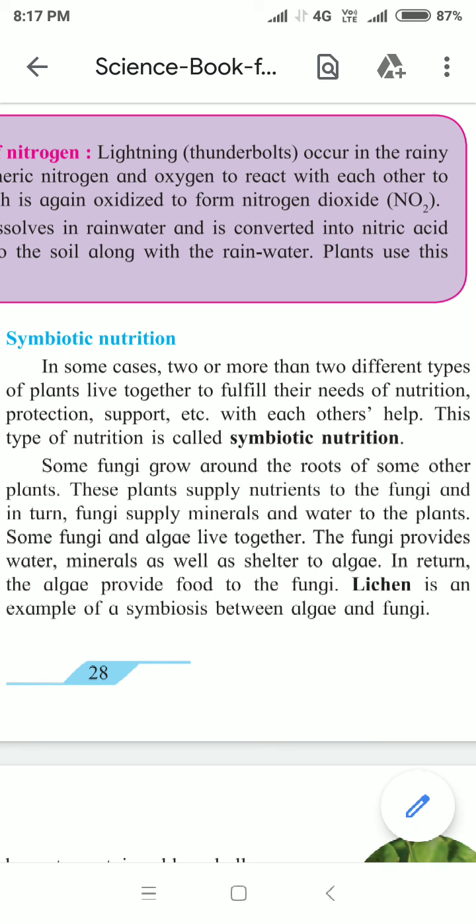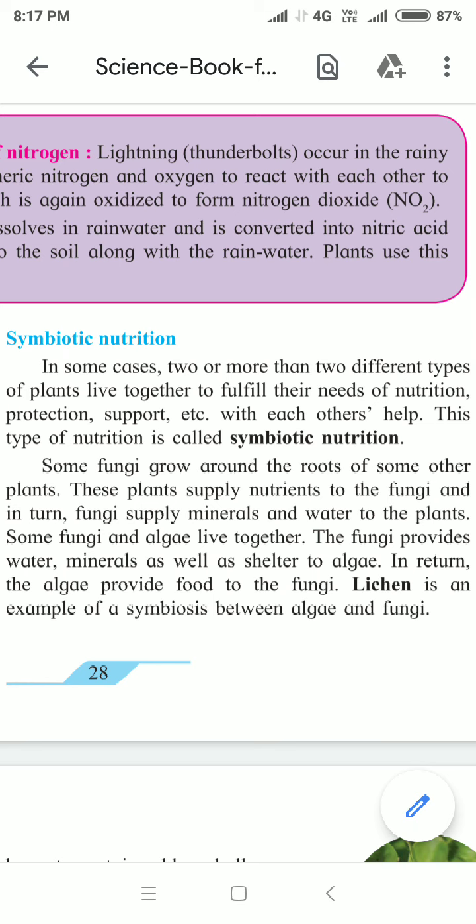Some fungi and algae live together. The fungi provide water, minerals as well as shelter to algae. In return, algae provide food to the fungi. So they are supporting each other. Lichen is an example of symbiosis between algae and fungi.